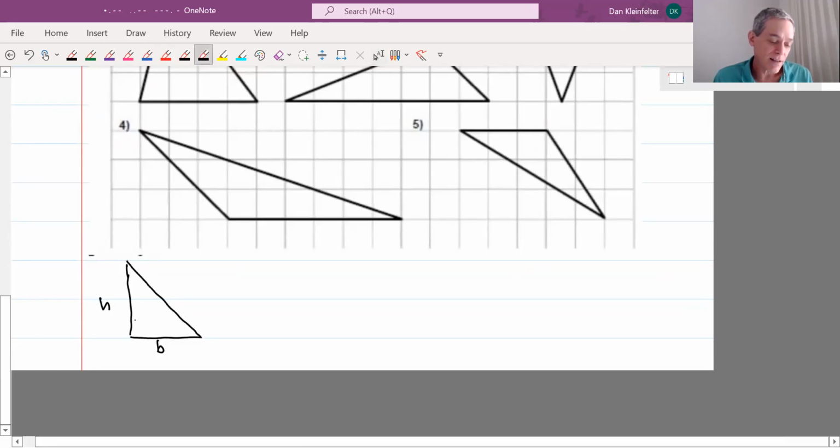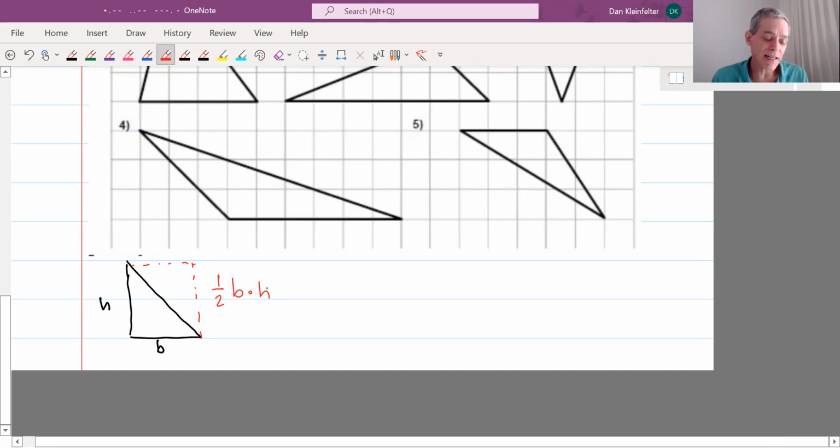The key observation that we need to make on a triangle is that if we so chose, we could double it up into a rectangle that has height H and base length B. And so that whole rectangle would have area B times H, base times height. That would be the area of the whole rectangle. We, of course, only want half that because we're trying to find the triangle part. So it's going to be 1/2 of that amount, base times height.